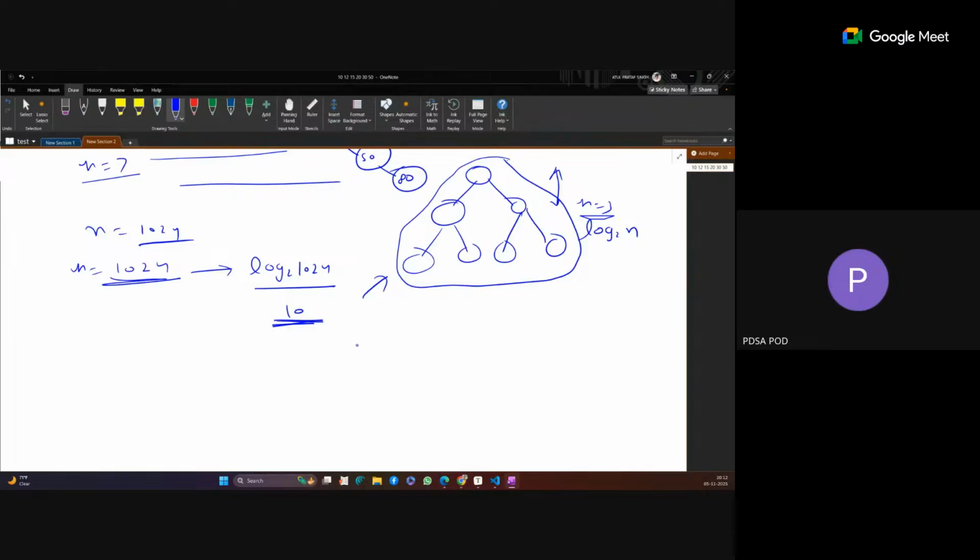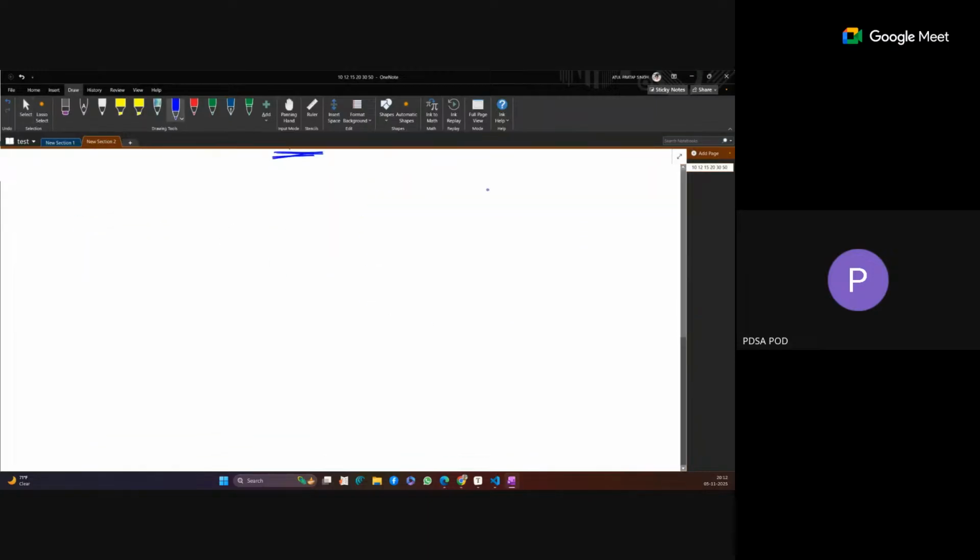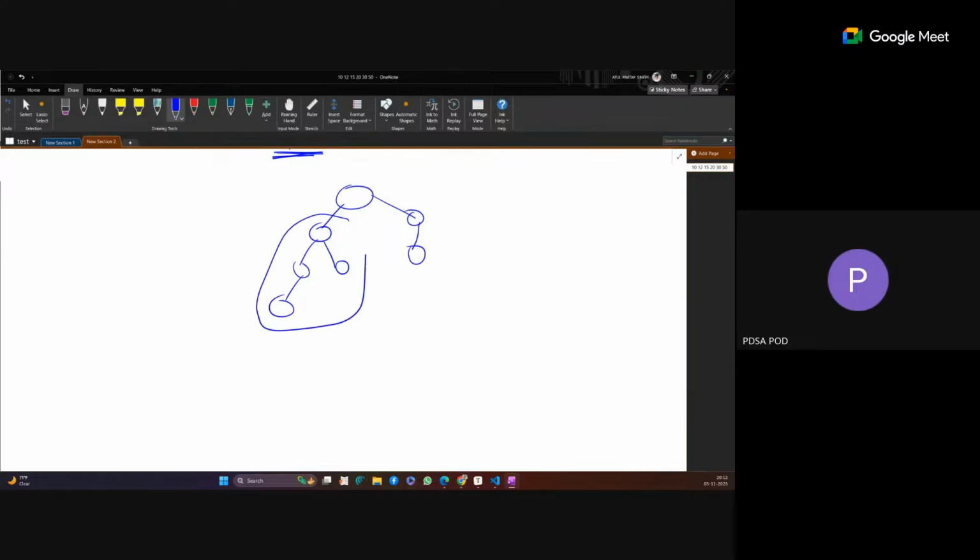But if the height difference is more than 1. Suppose this is the tree, and this is the left subtree of it, and this is the right subtree. Just take the height of this subtree and this subtree.